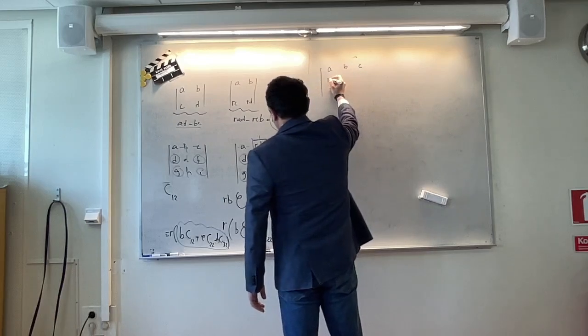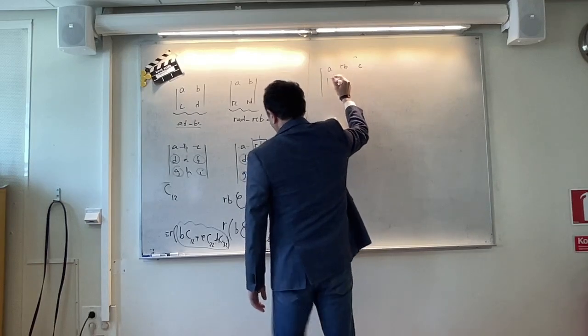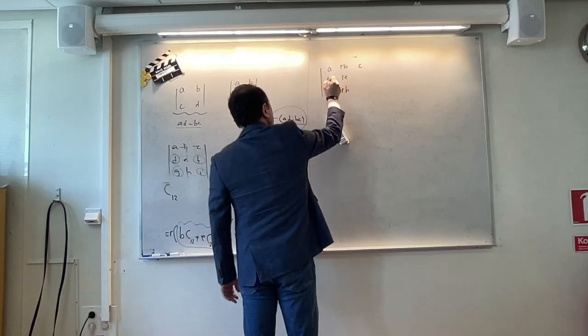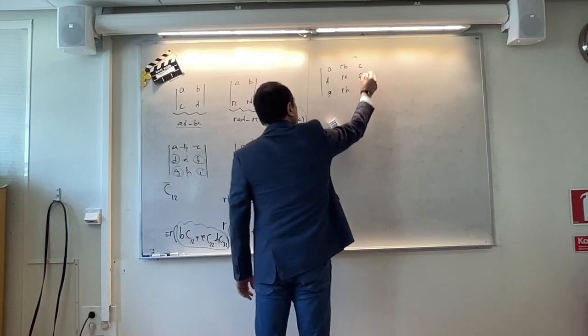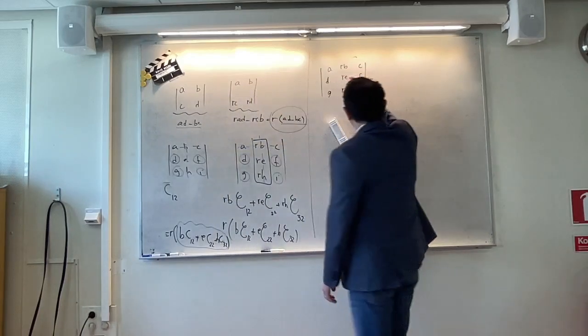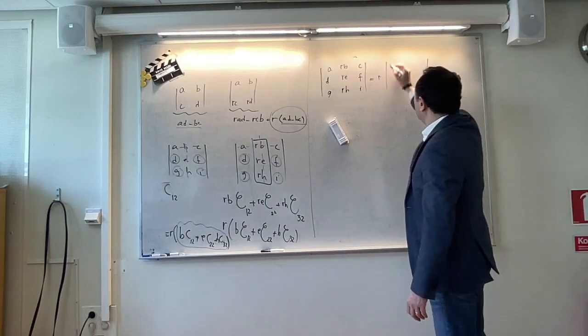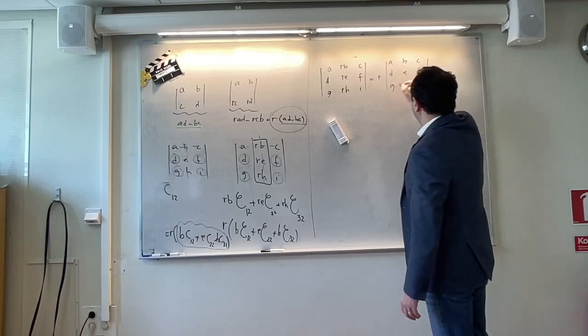Let me put R in the same position, not to confuse you. So R, R E, R H, and then D, F, G, I. I hope that you agree with me. This determinant is R times which determinant? A, B, C, D, E, F, G, H, I.